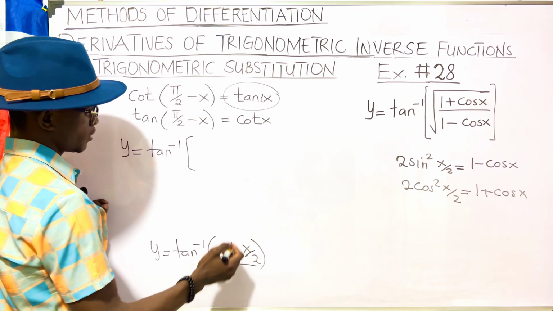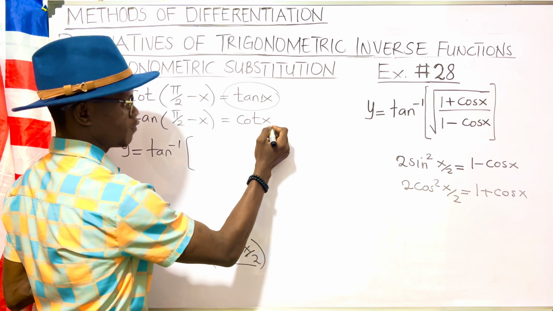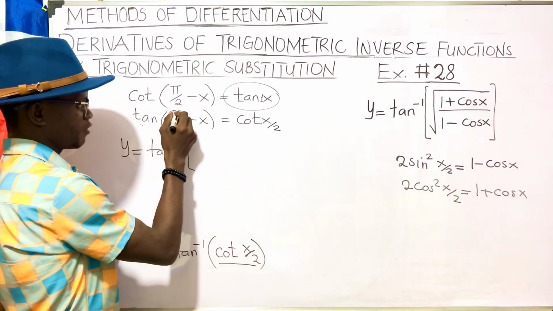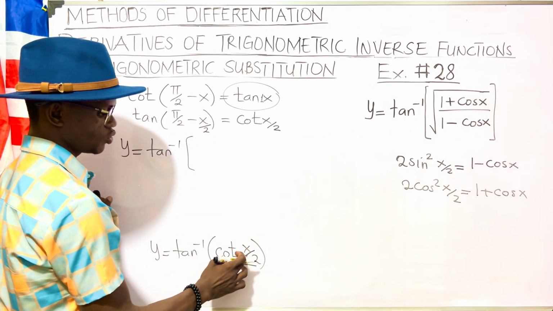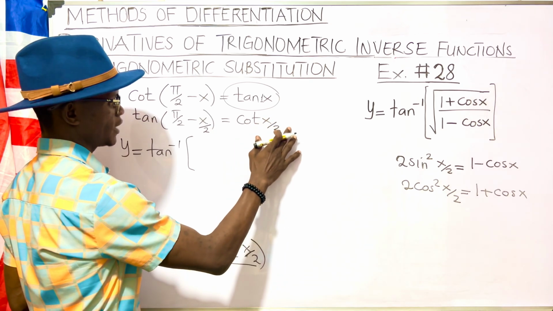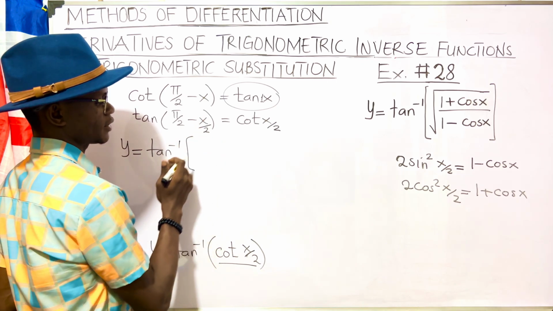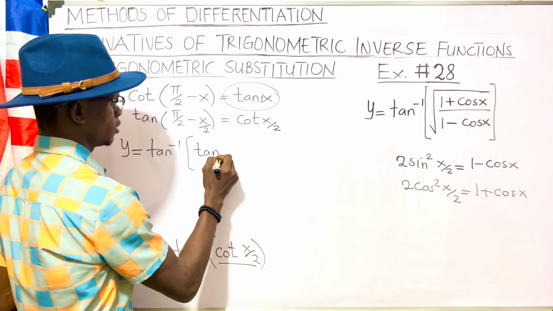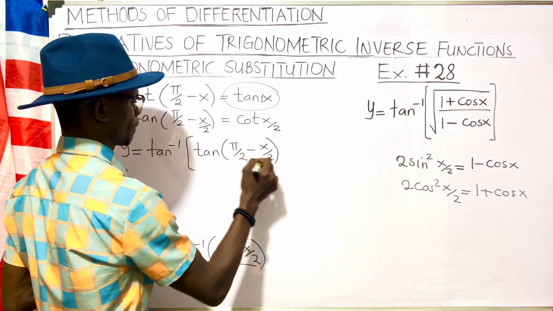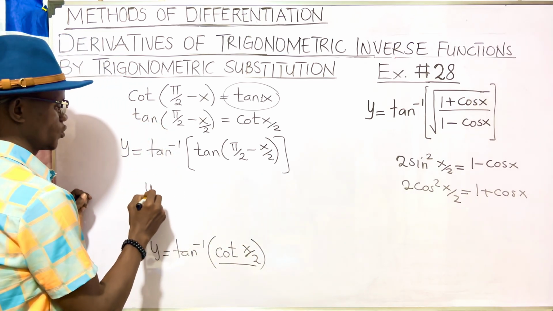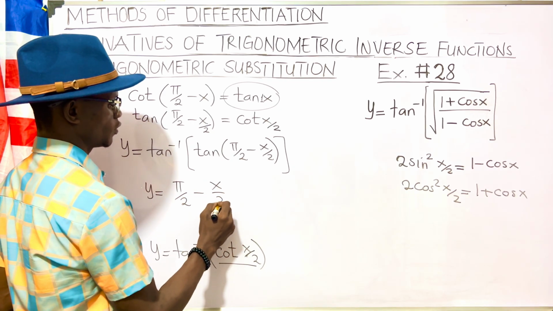So cot of x over 2 will be equal to tangent of pi by 2 minus x over 2. If this was 2x, cot of 2x would equal tangent of pi by 2 minus 2x. So this is tangent of pi by 2 minus x over 2. So y is just equal to pi by 2 minus x over 2.